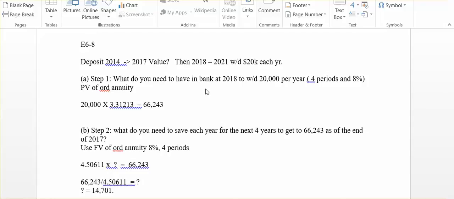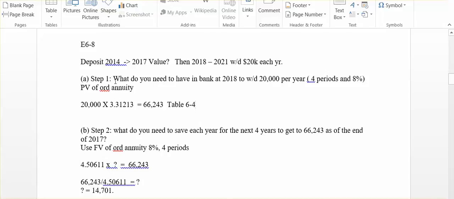So what would you need in the bank at 2018 to withdraw $20,000 a year? 4 periods, we know it's 8%. We need to do a present value of an ordinary annuity. So what would the present value of this ordinary annuity of 4 years need to be? So 20,000, I go to my table, which is table 6-4, present value of an ordinary annuity.